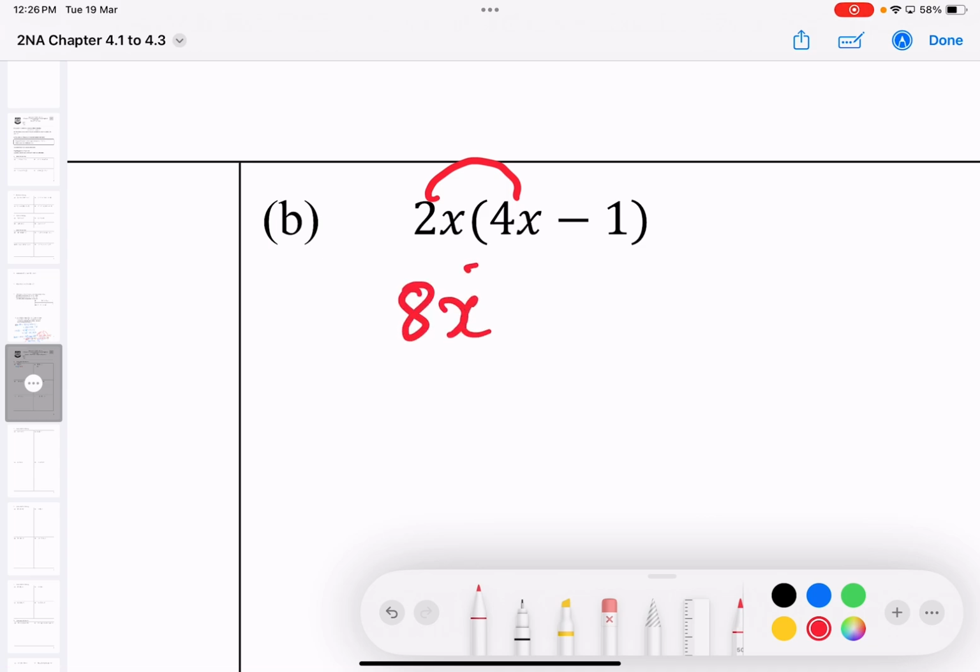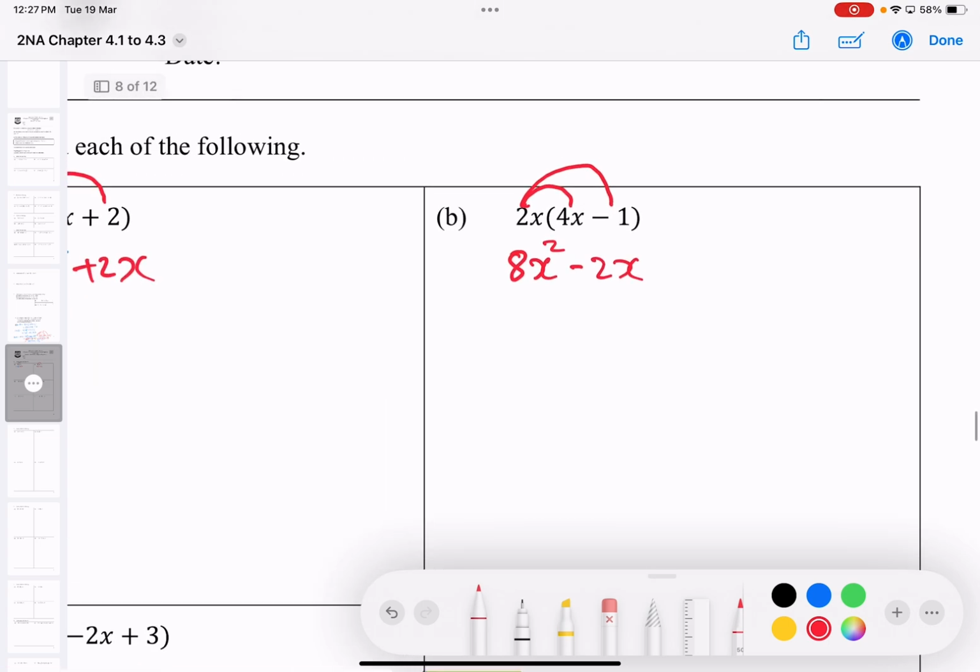X times x gives me x squared. 2x times negative 1 gives me negative 2x. That is all. Use the rainbow method, multiply term by term to get the final answer. This one shouldn't be too difficult.